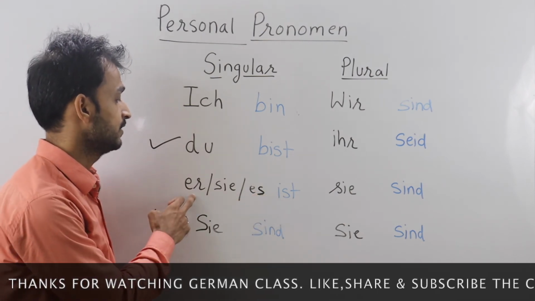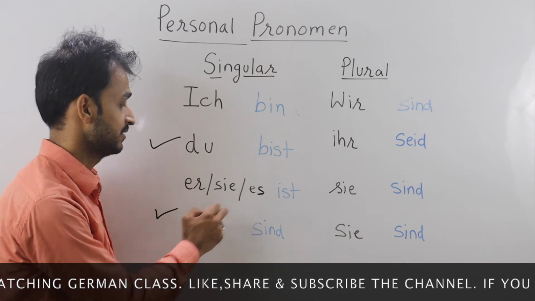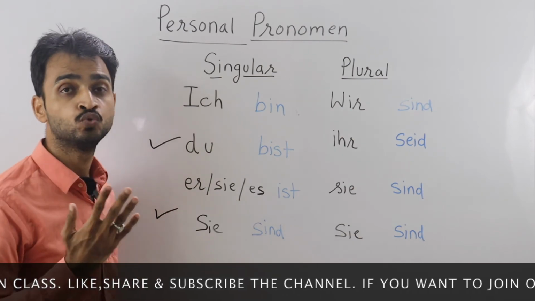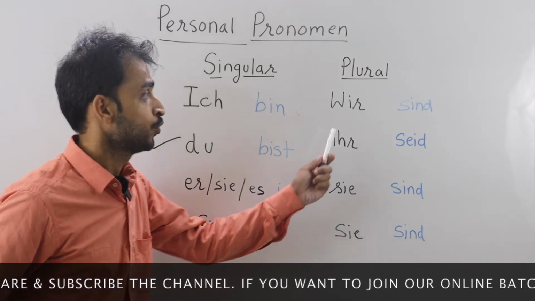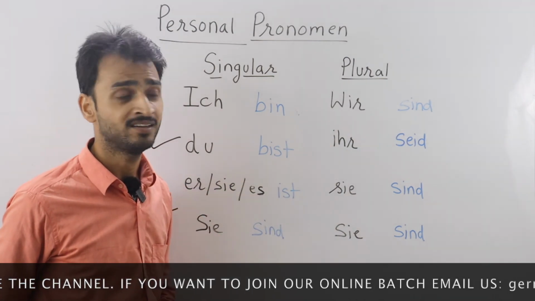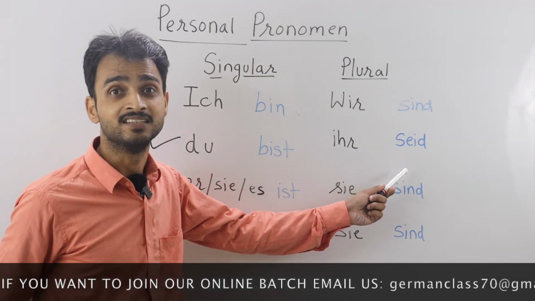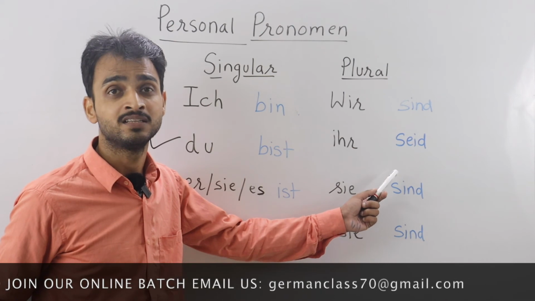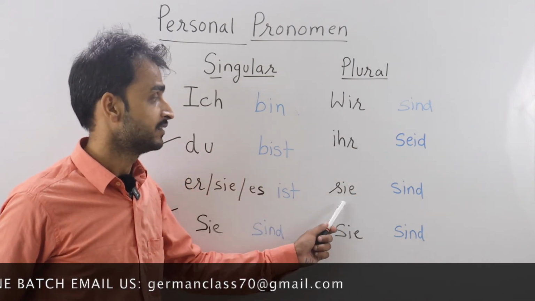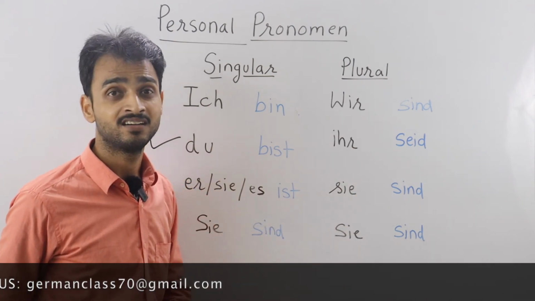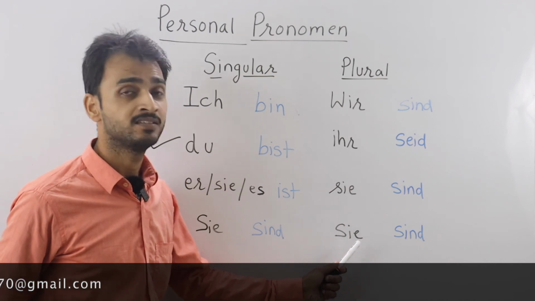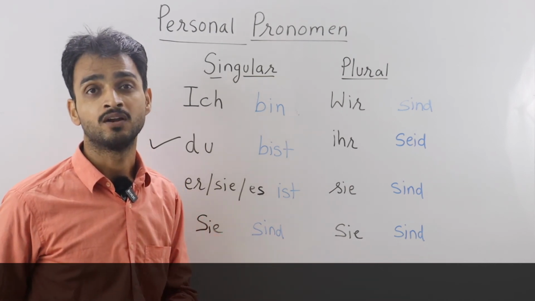It means he is, she is, it is. Wir sind, we are, ihr seid. Look at the spelling, seid. Sie sind, they are, and capital Sie sind, you are, formally.